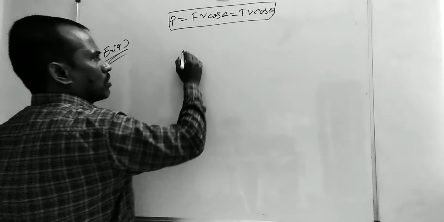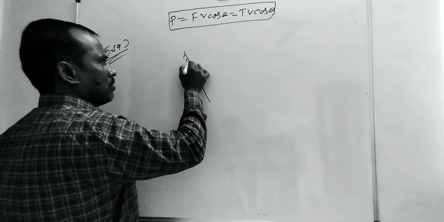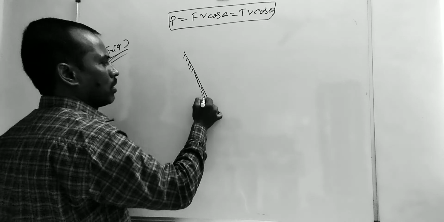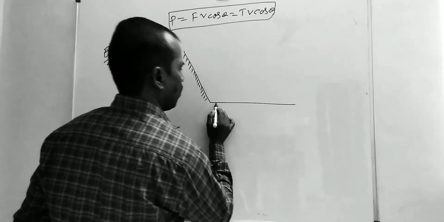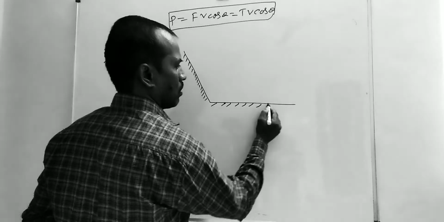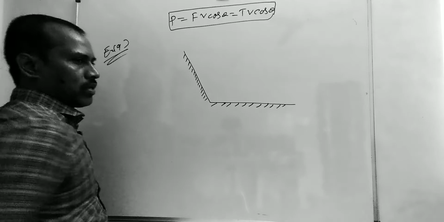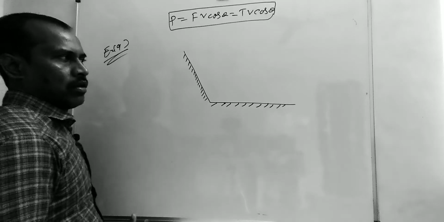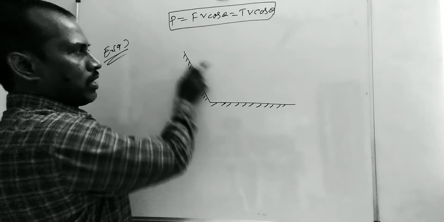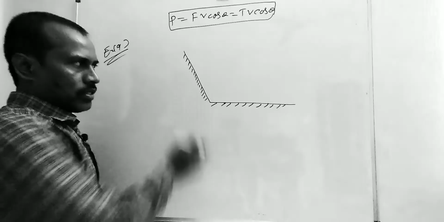For example, this is an inclined wall, and this is a horizontal wall. The rod is placed on the two rigid supports, one inclined and one horizontal.